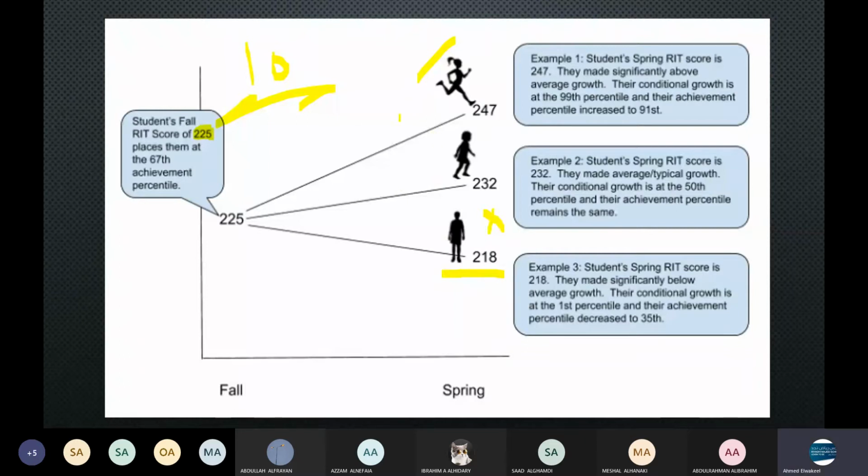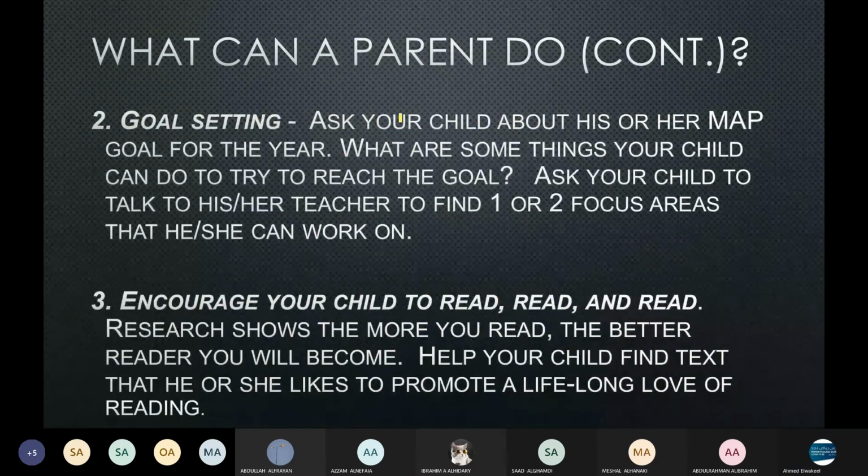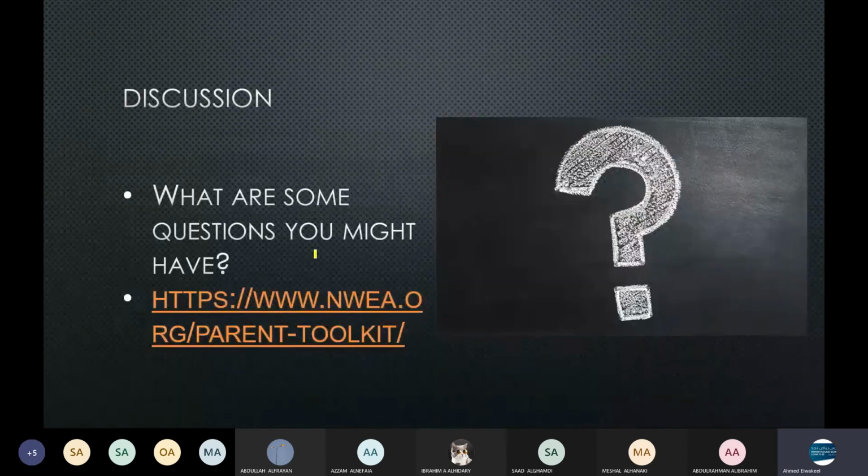If he's already an excellent student and he's above average, all we need to do is advise him directly how to keep on track and how to become even greater. And that's also about the parents and what they can do. They have goal setting, they have encouragement, and also some other things.